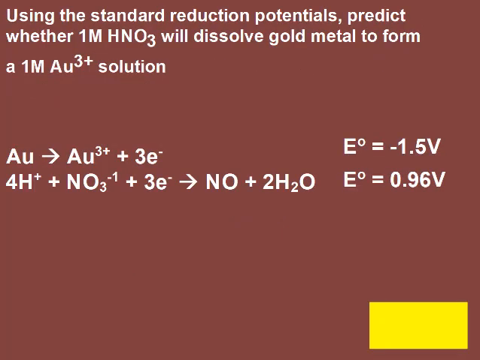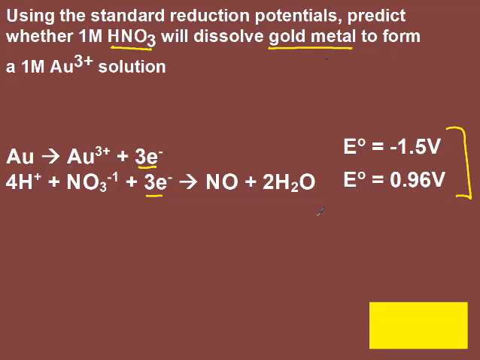Here's another example. It says, will 1 molar nitric acid dissolve gold to form a 1 molar gold-3 solution? The only difference on this one is if you look at our reactions, we have our electrons on opposite sides. The reaction that is reversed has already been reversed because we want to make sure that we have gold metal on the reactant side and nitric acid on the reactant side, since those two have to react.